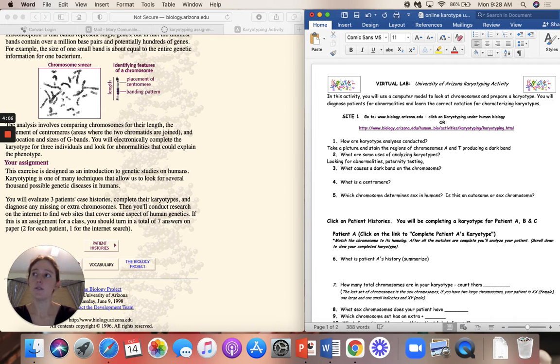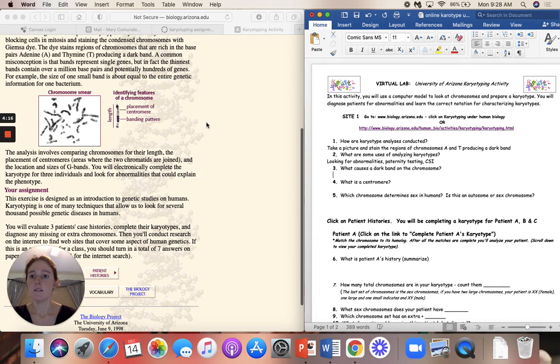And they also use this in like CSI stuff. What causes a dark band on the chromosome? The base pairs A and T. Anytime they're located together, you'll see a dark band.